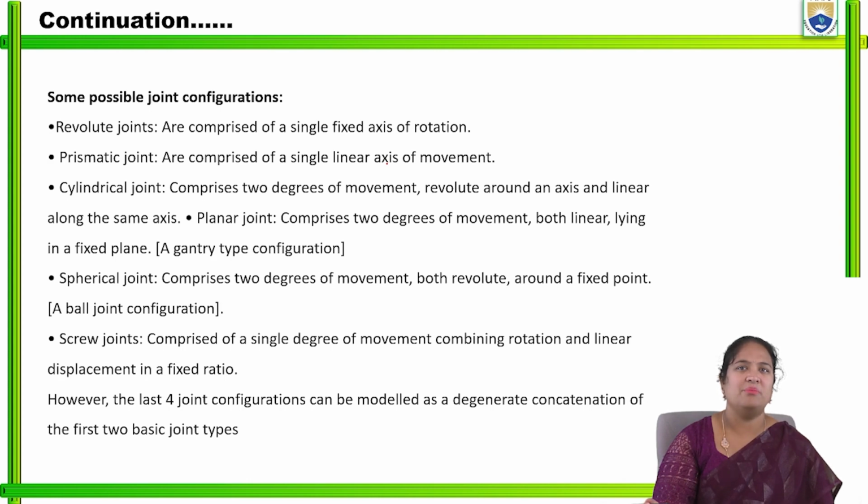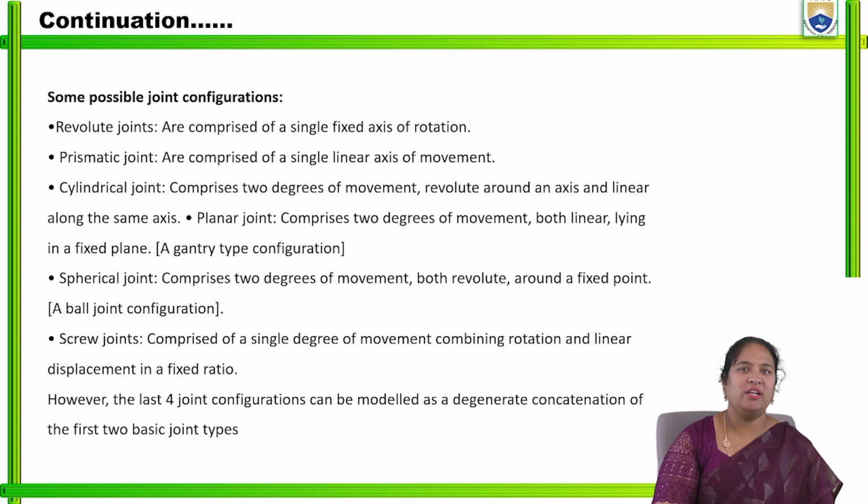The cylindrical joint consists of 2 degrees of movement, which revolve around an axis and move linearly along the axis, as I've told you. And the planar joint comprises 2 degrees of movement, both linear, lying in a fixed plane.